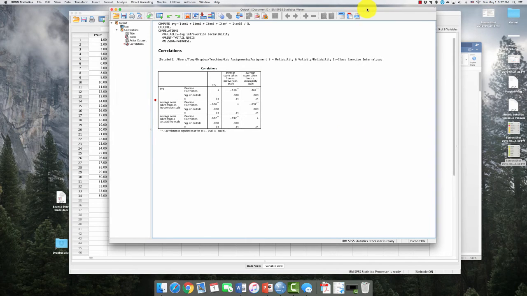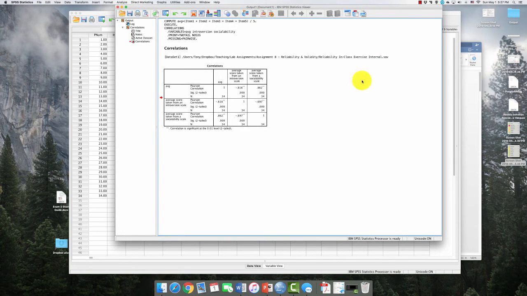What discriminant validity really is, is that two scales measuring different things shouldn't have any correlation. So it would be closer to zero, basically.